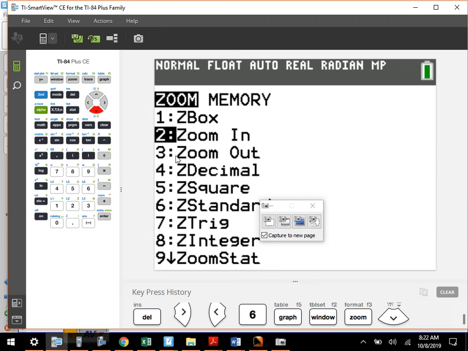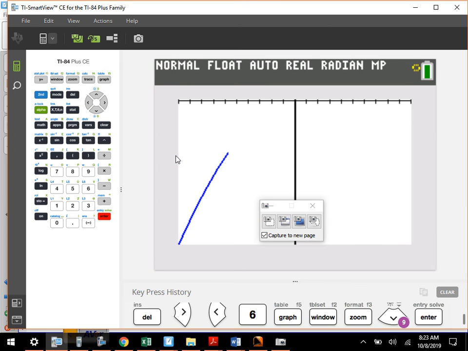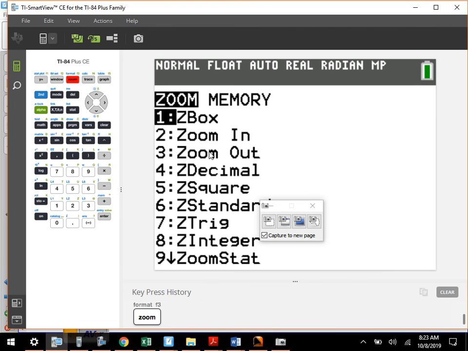Zoom fit will try to fit it to the best window, but then if you can't see the whole thing, you could zoom out from there. So you go into zoom, then scroll down to, I think it's 0. You could hit 0, and then it'll zoom fit. And if you can't see it all, you could hit zoom again and zoom out from there.